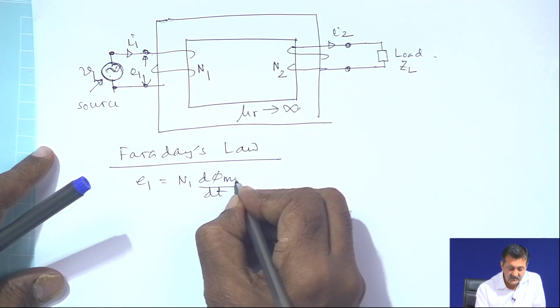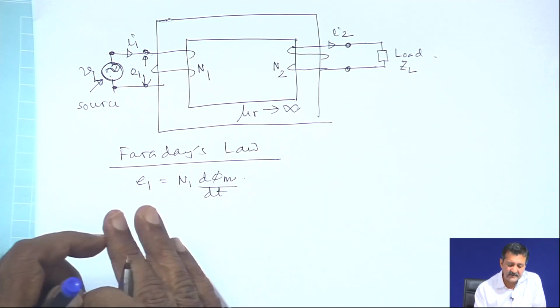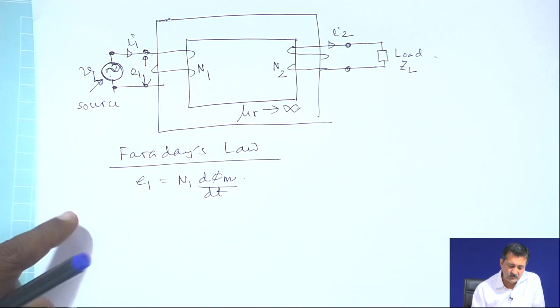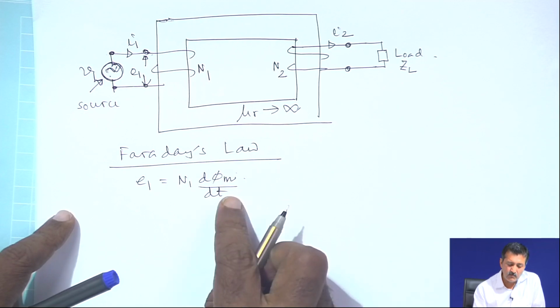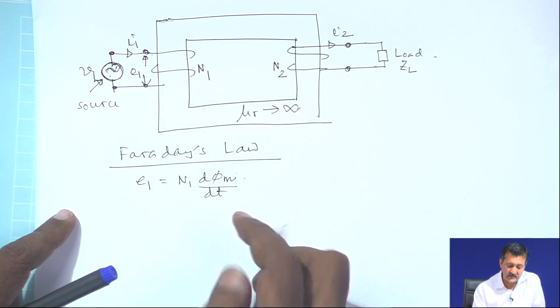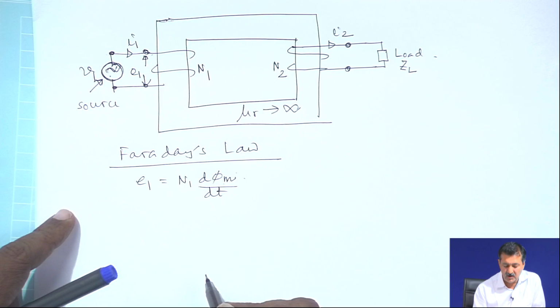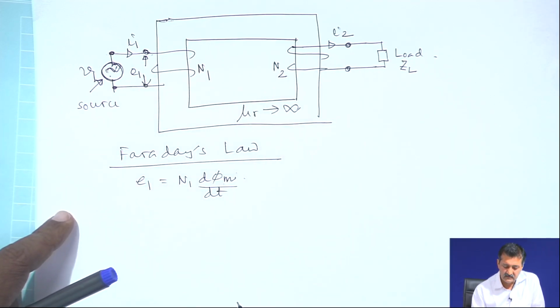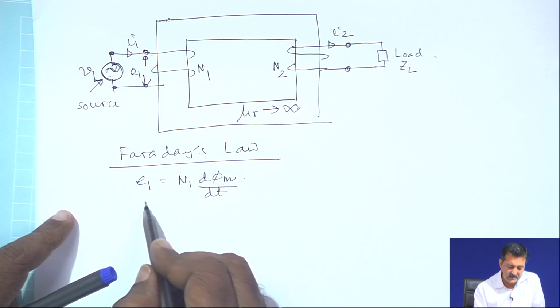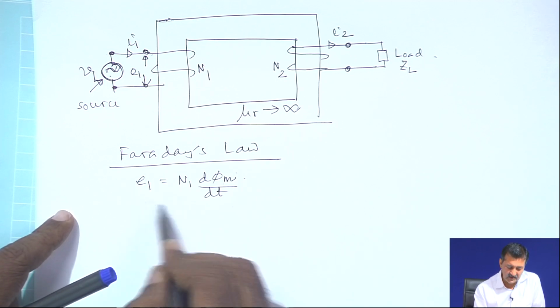This phi m is created by the combined effect of all the currents and MMFs. It is not solely due to the current I 1. This phi m is created by both currents I 1 and I 2. So, this is the first equation.